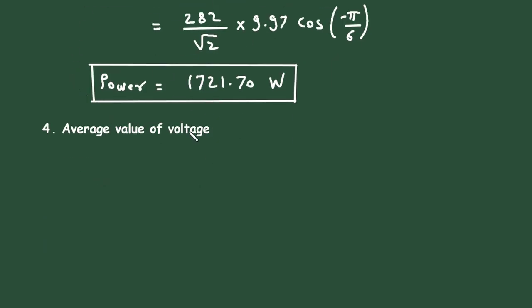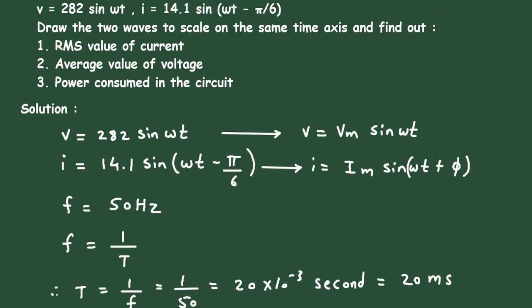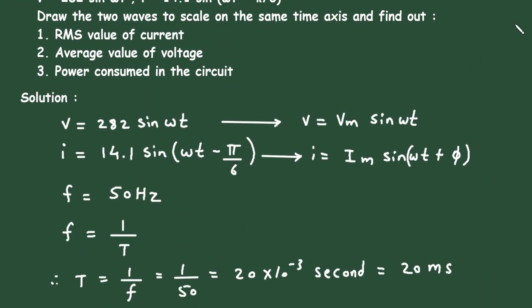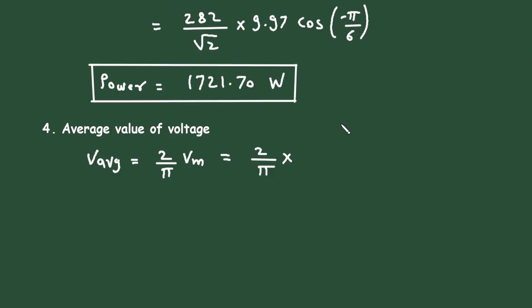Now to find the average value of voltage, Vavg is equal to 2 by pi into Vm. The value of Vm is 282.